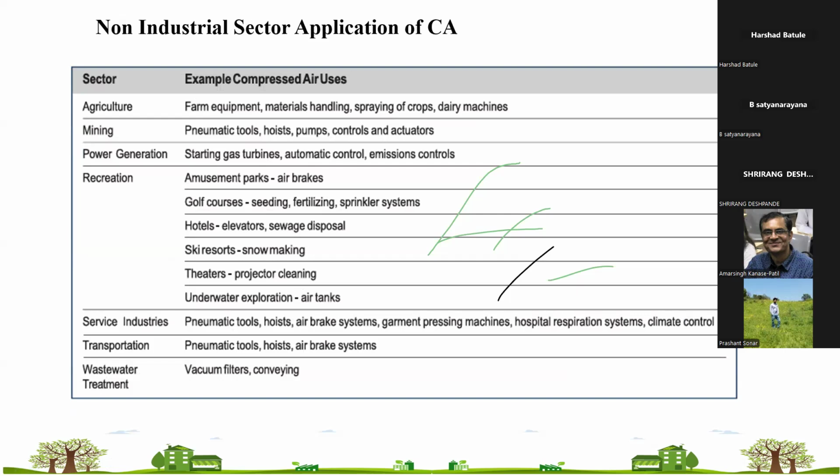If you are using boilers as a primary source of heat, there will be pollution control devices such as electrostatic precipitators and bag filters. They use compressed air for purging, for cleaning of the flue gases.